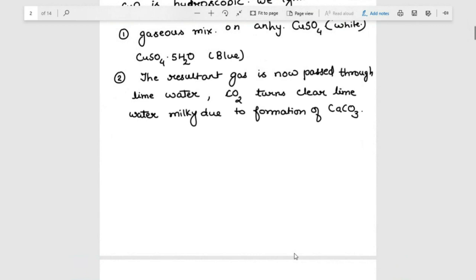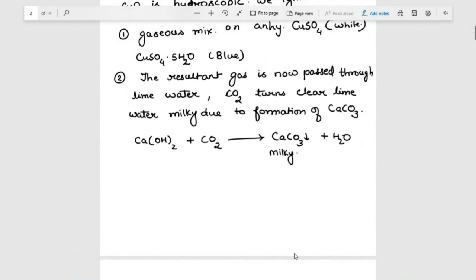What is happening is that lime water is a clear solution of calcium hydroxide. So when CO2 is passed, it starts forming CaCO3, which is a sort of turbidity that makes the solution milky.